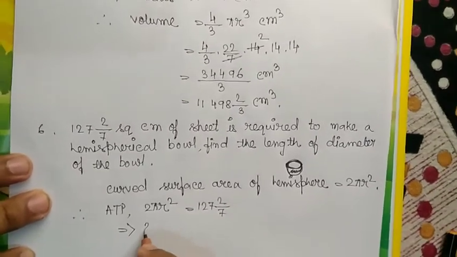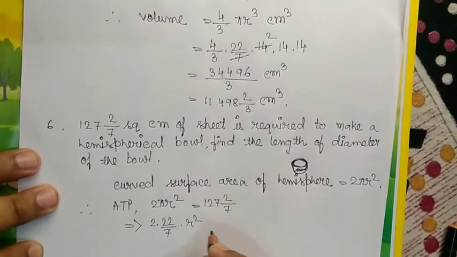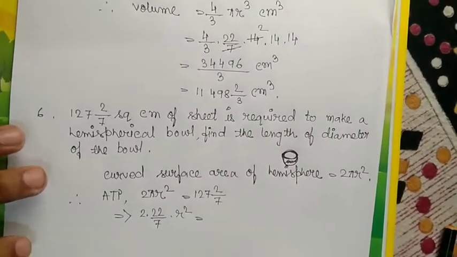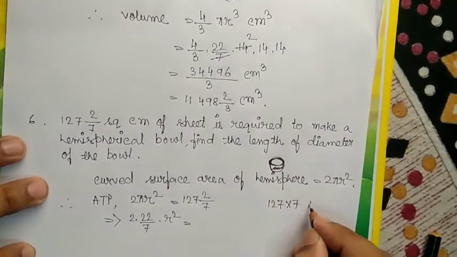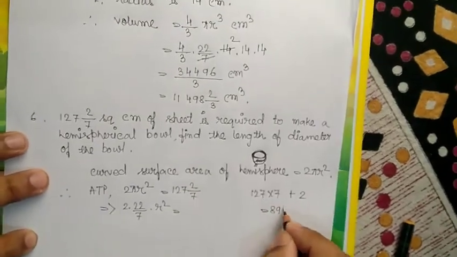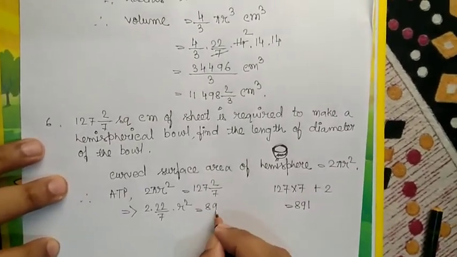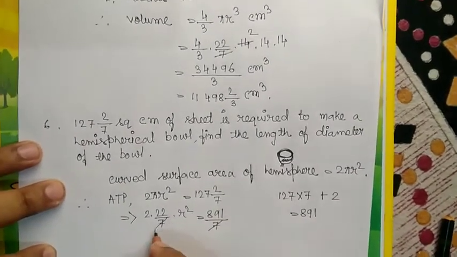Now 2 into 22 by 7 into r square equals 127 into 7 plus 2, which is 891, so 891 by 7, eliminating this by 7.